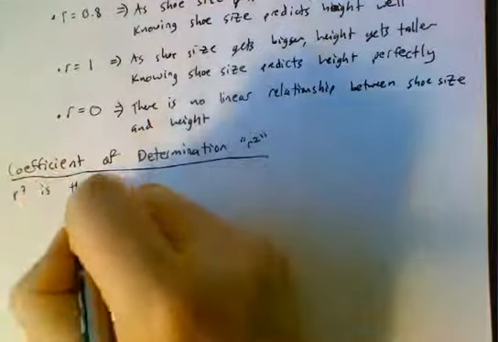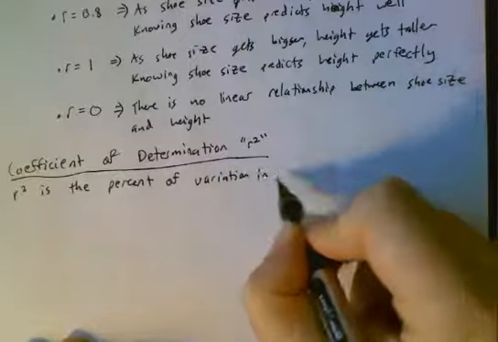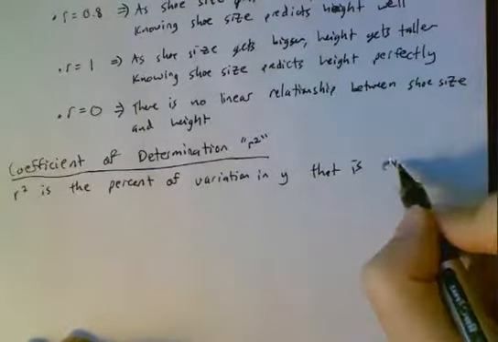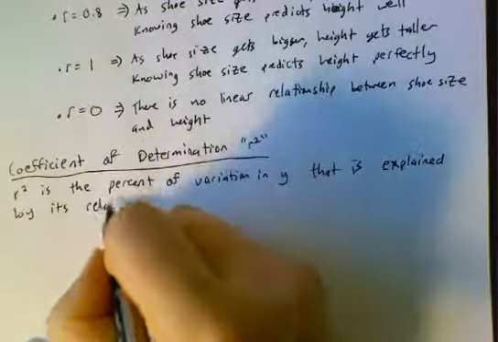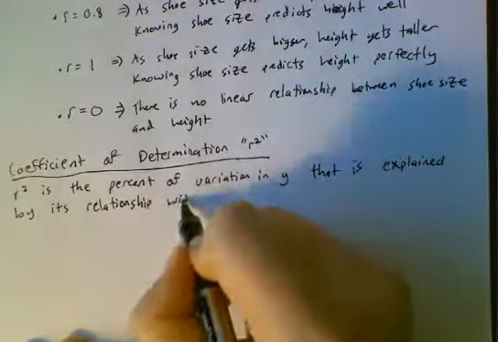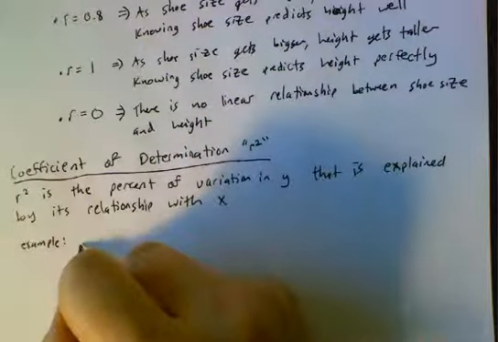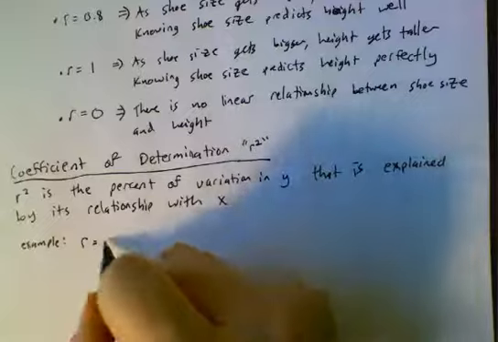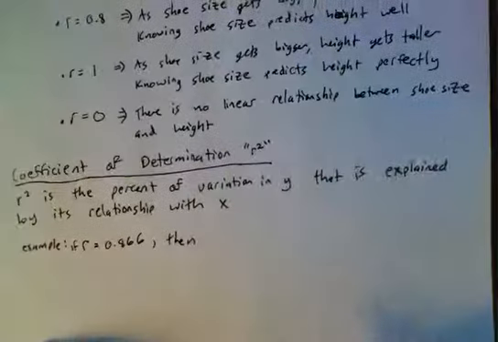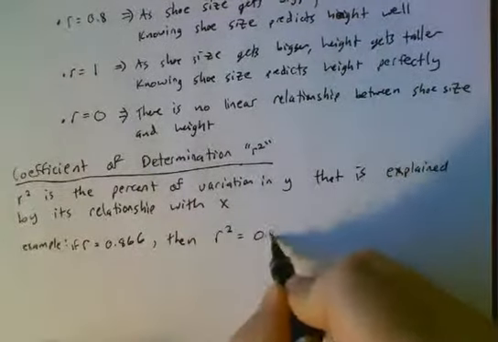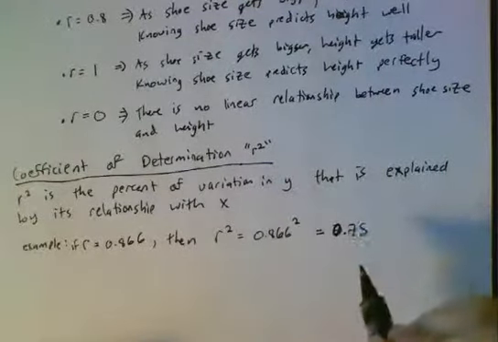R squared is the percent of variation in Y that is explained by its relationship with X. So for example, let's say that R equals 0.866, then R squared literally equals R squared, or about 0.75.